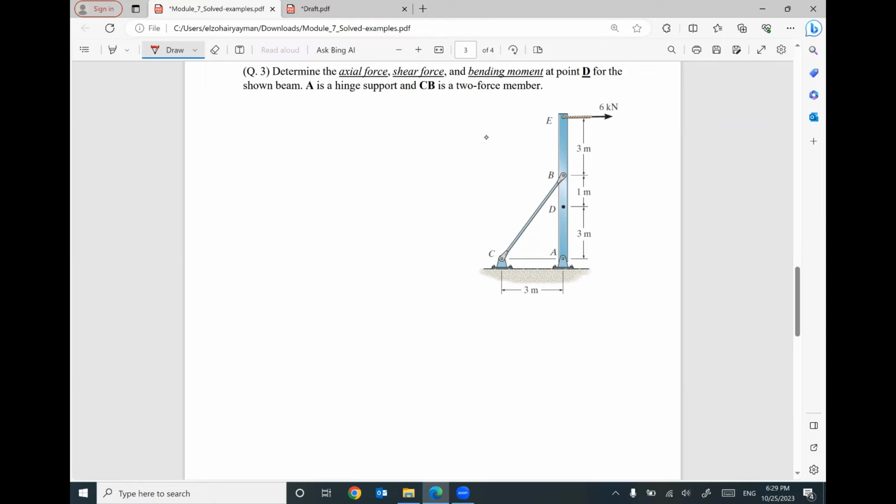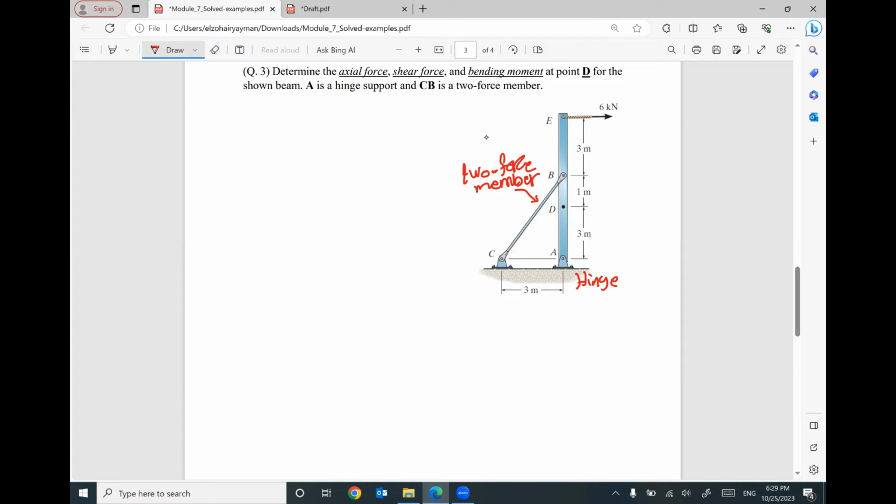One more example. I have a tricky one here for reactions, and I need you to pay more attention. We have element AE. A is a hinge. And this vertical element has something here called a 2 force member.